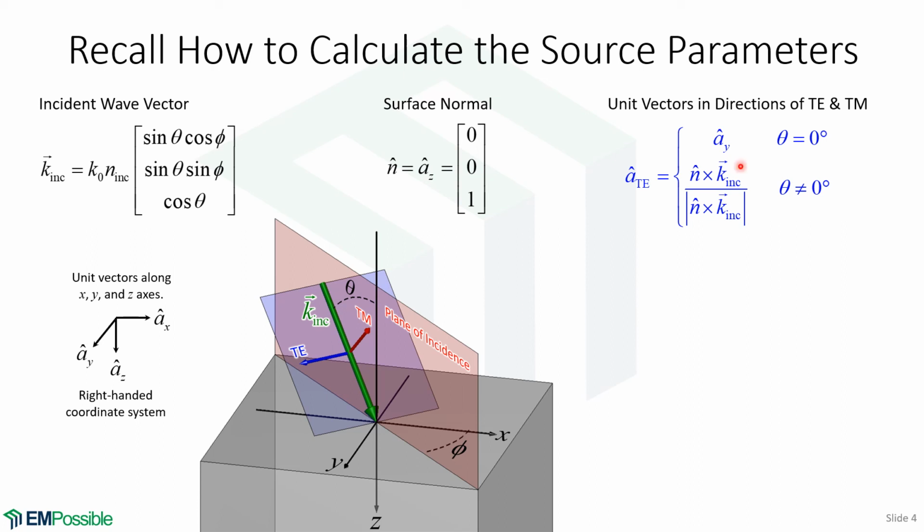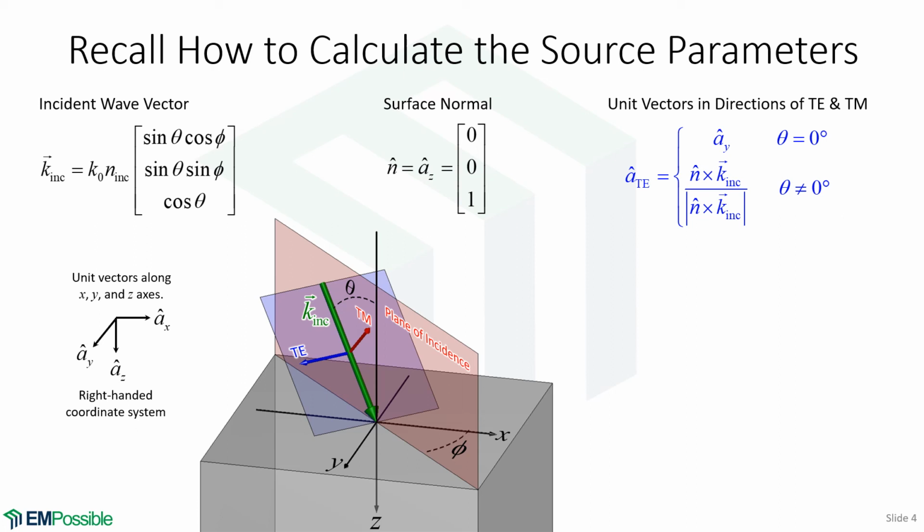And that's exactly what we do. We look at the cross product, and that'll give us the direction of the TE, but that will be polluted by the magnitude of the incident wave vector, or if these aren't at 90 degrees. So what we have to do is divide by the magnitude of that cross product, and that gives us a unit vector in the direction of TE.